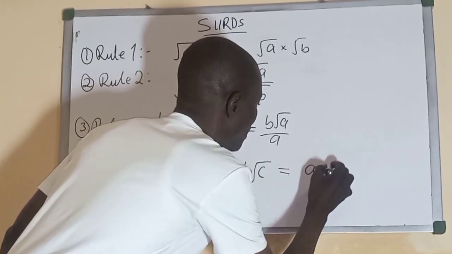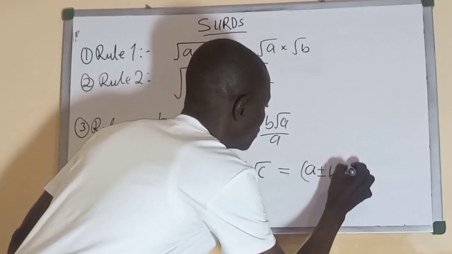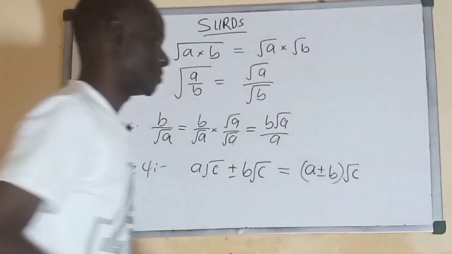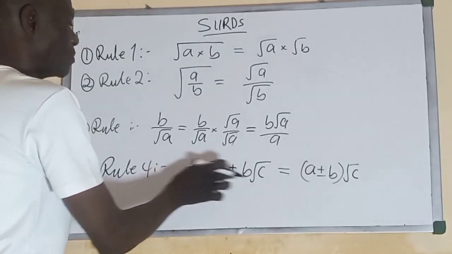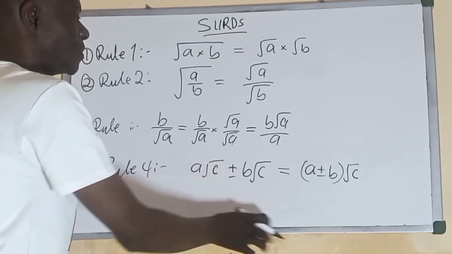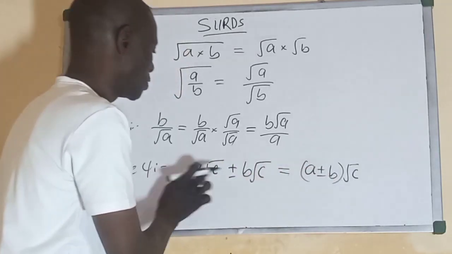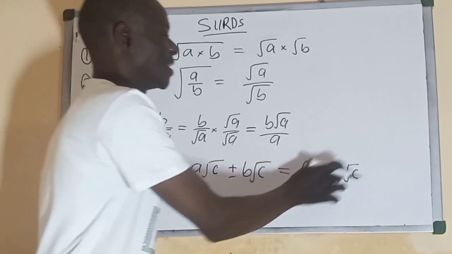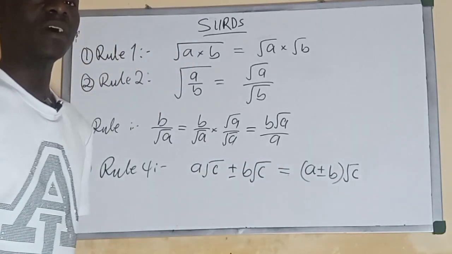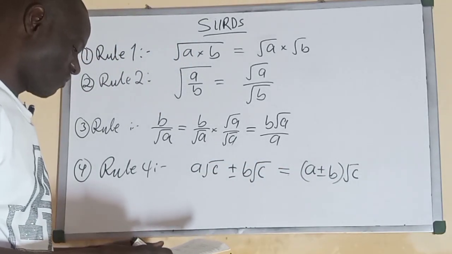You have a plus or minus b, times root c. So wherever you have a surd in this form, you just put those numbers outside the surd in brackets and take one of the factors. So this is rule number 4.